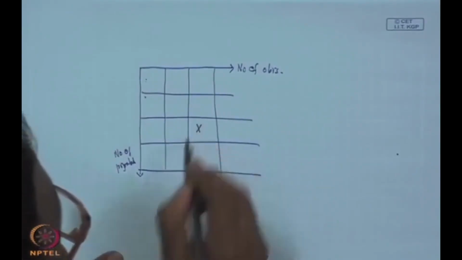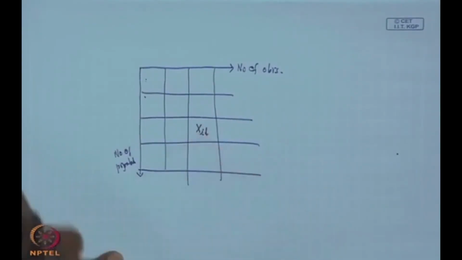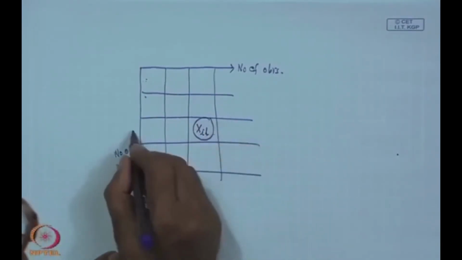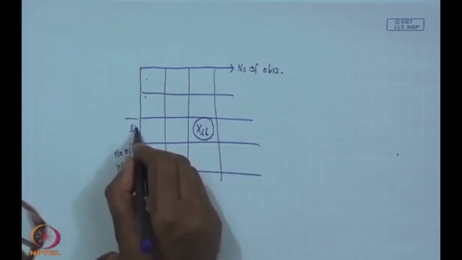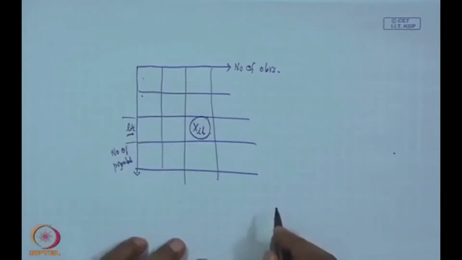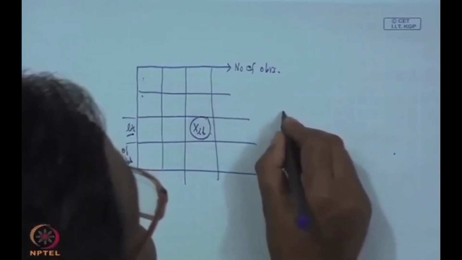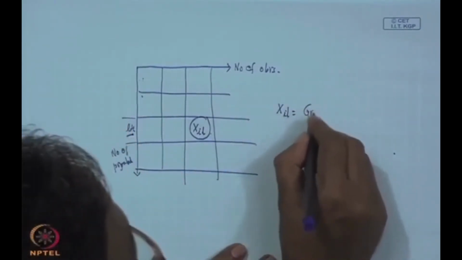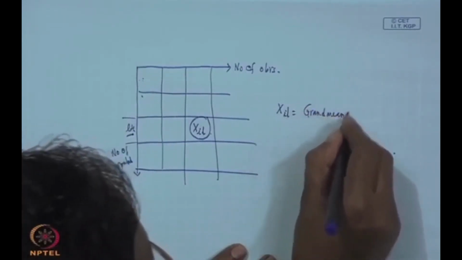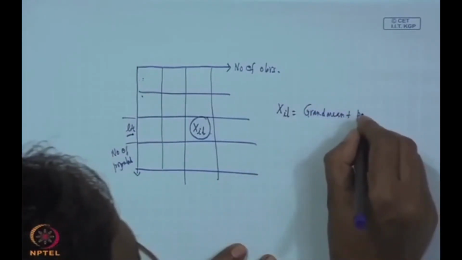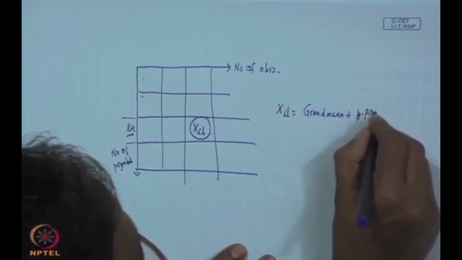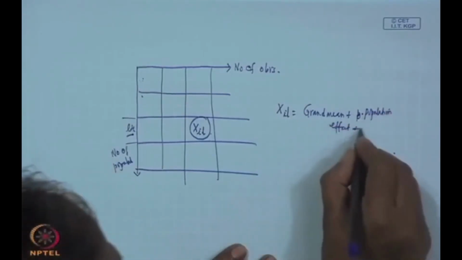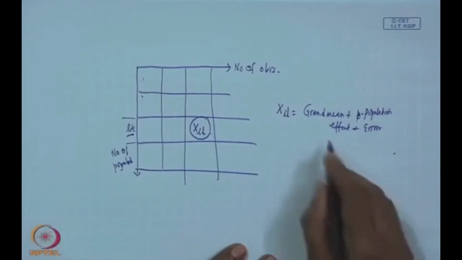Suppose one observation is XIL, the general observation, that means the ith observation on the Lth population. What we are saying further is that XIL can be decomposed as the grand mean plus your population effect plus some error quantity.